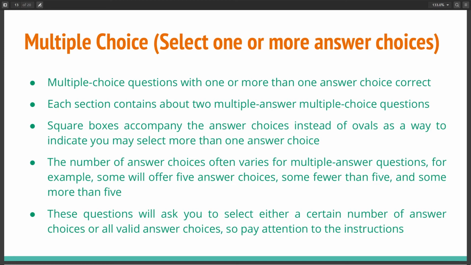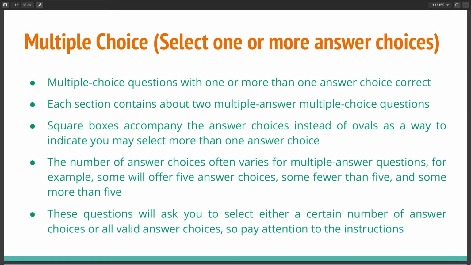The way you can differentiate between multiple correct and single correct is that the single answer correct questions have an oval next to the options, while the multiple correct options have square boxes next to them. The number of answer choices varies for MCQs with multiple correct. For example, some will have 5 options, some fewer than 5, and obviously some greater than 5.